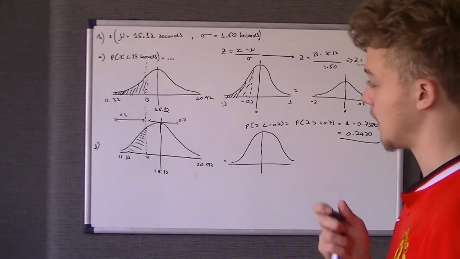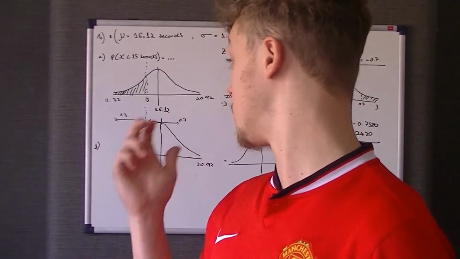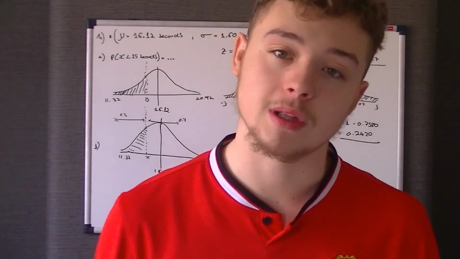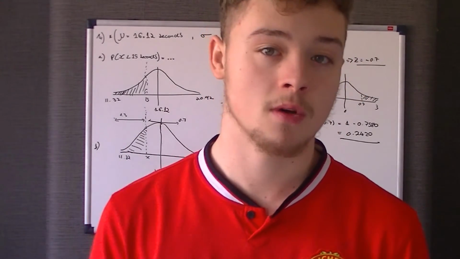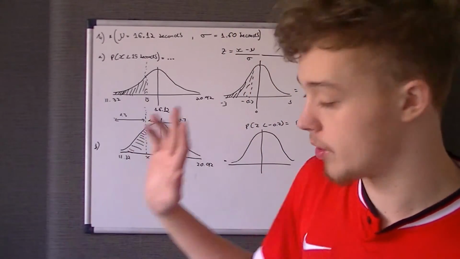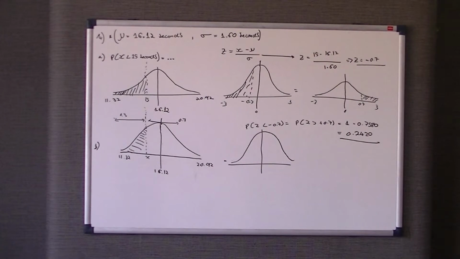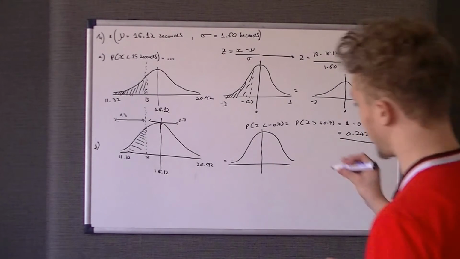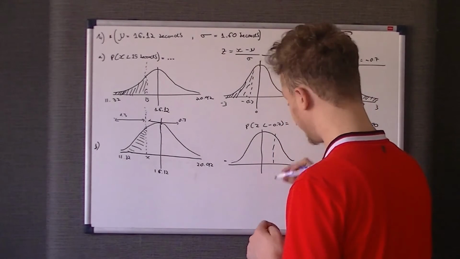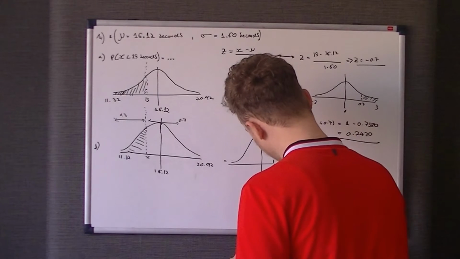If you look up 0.7, that's 0.52, but because our value is going to be on the other side of the mean but the same distance away from it, it's negative. So it's negative 0.52, and that's our z value.